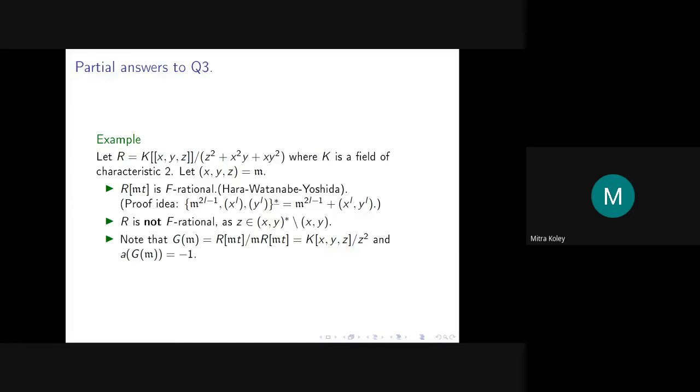Note that the associated graded ring with respect to the maximal ideal is k[x,y,z] mod z squared, and the a-invariant of the associated graded ring is -1. So here we have an example where the a-invariant of the associated graded ring is -1, and the Rees algebra is F-rational, but the base ring is not F-rational.